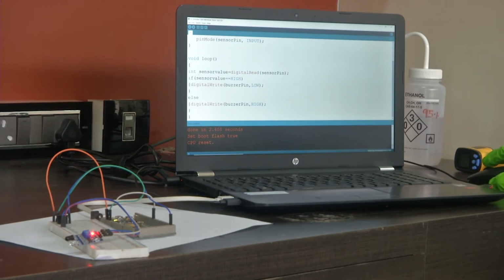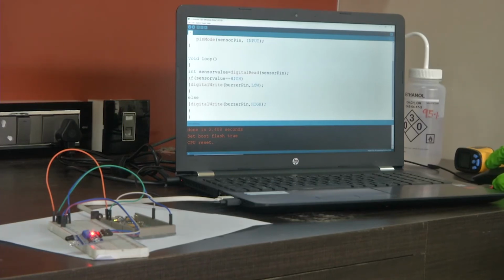Okay, so I have used integer only here, and you can see that I have used the if function. So if sensor value equals high, then digital write buzzer pin comma low, because I already told you that this sensor is active low. That means by default, if it detects nothing, it will be high.